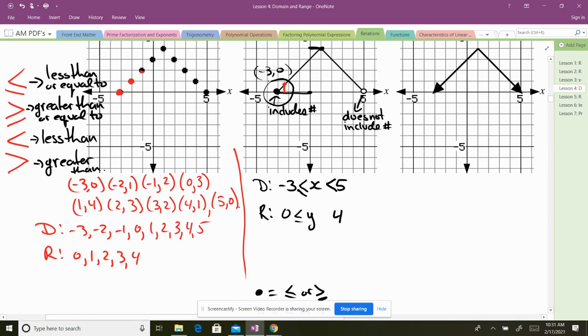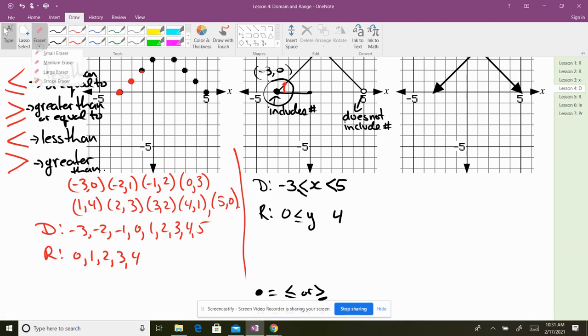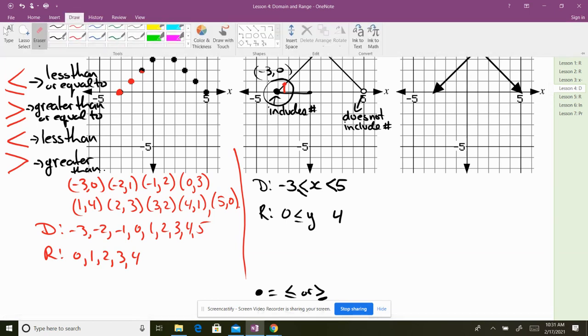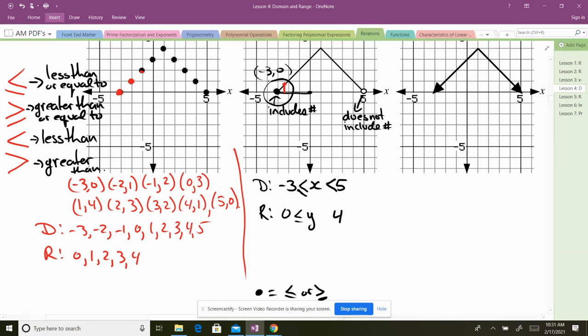Can we be the 4? Look at where the 4 is. It's right there. Is it an open circle at the top there? No. So does it include the 4? Yes, it does. It's only if it's an open circle. Okay? So it looks like that.